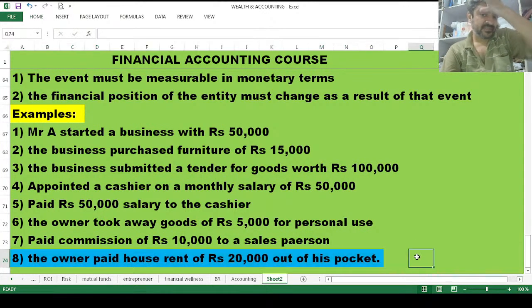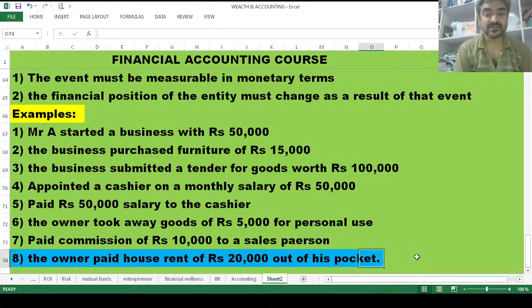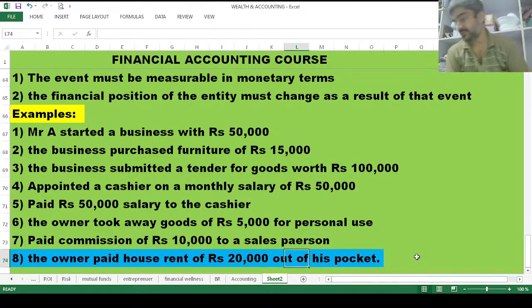So this transaction will also clarify the concept of separate legal entity which we discussed yesterday. If you can figure out the separate legal entity concept, you can figure out this transaction as financial or non-financial.